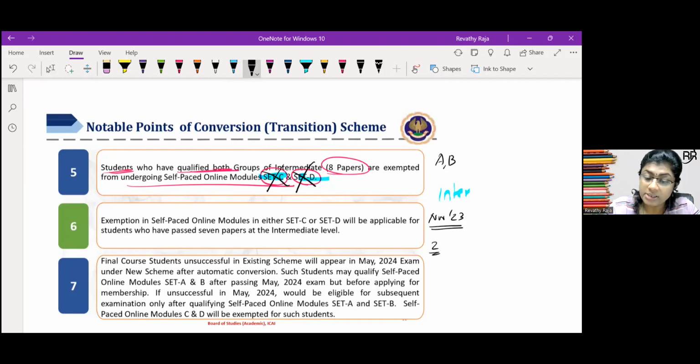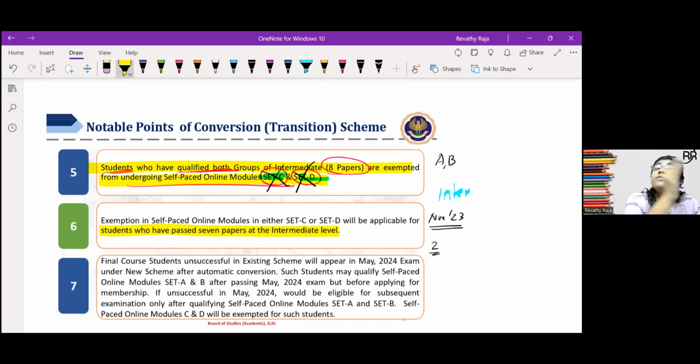Now, wait. For those students who have passed intermediate 7 papers. Now, what are the 7 papers? The existing intermediate syllabus, group 1 4 papers, group 2 4 papers, 8 papers. If you have cleared 8 papers, then you have to write only set A and set B, and set C and D is exempt. This is the transitional provision.